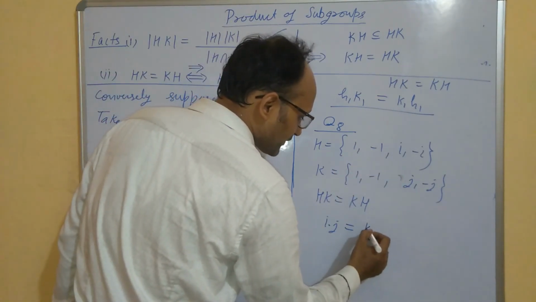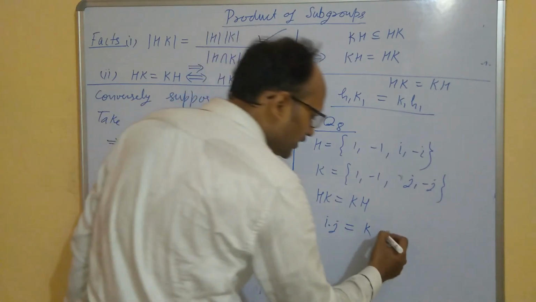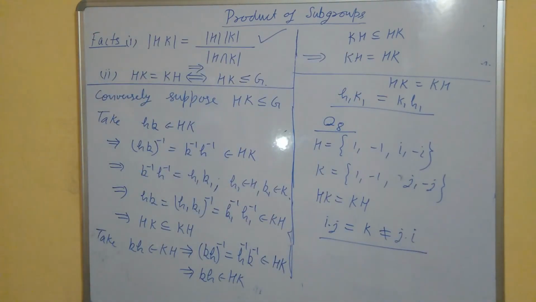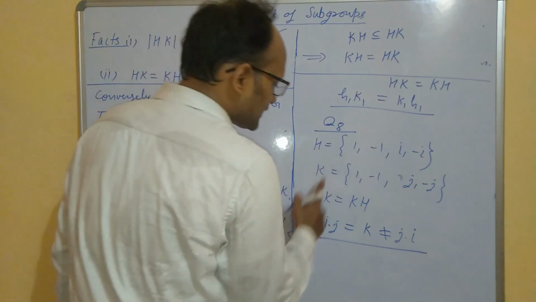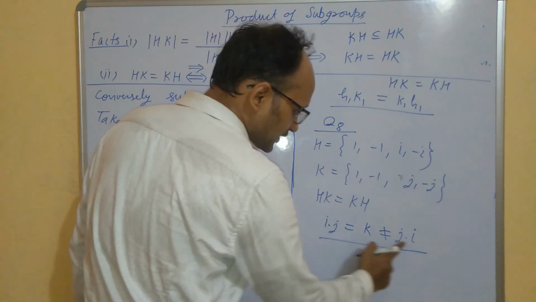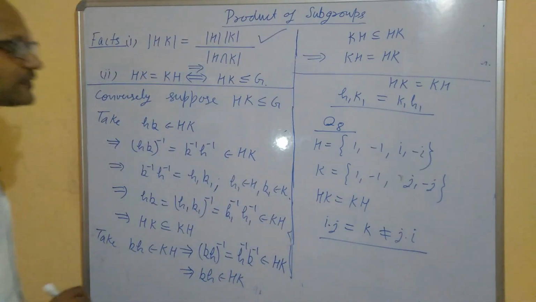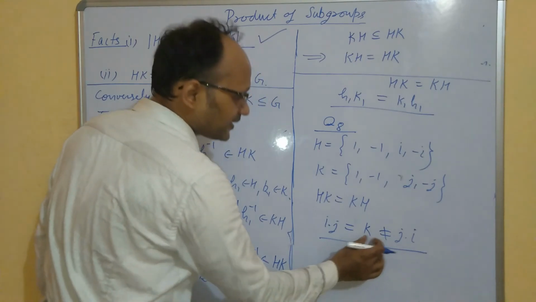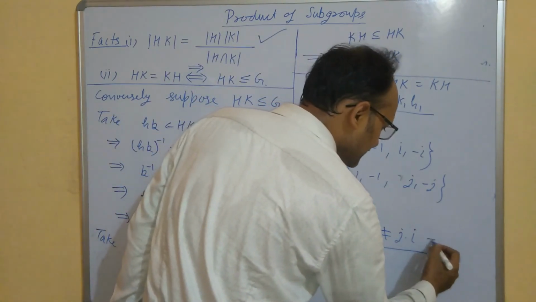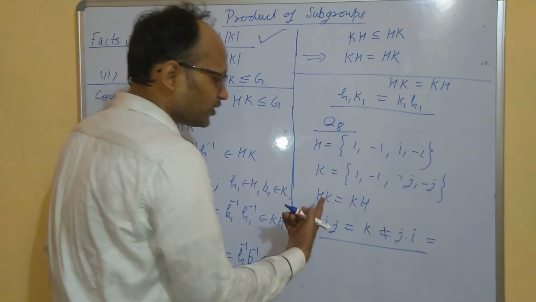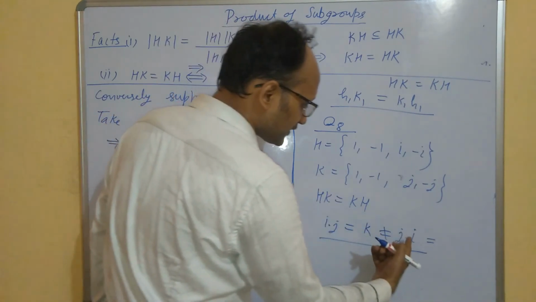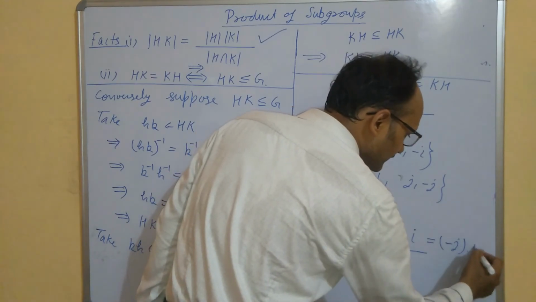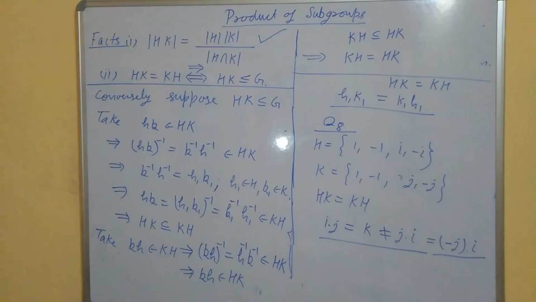I into J is K, but this is not equal to J into I. Both sets are equal, it does not mean that elements will start commuting with each other. So that's why this IJ, which is K, is not equal to this element, but it is equal to some other element of this KH, and that element is minus J into I. So we can write it like this.